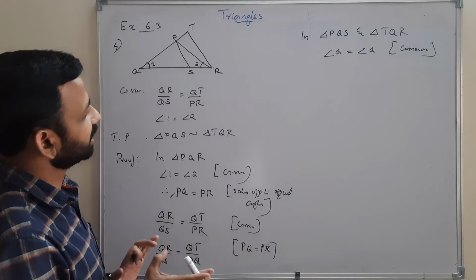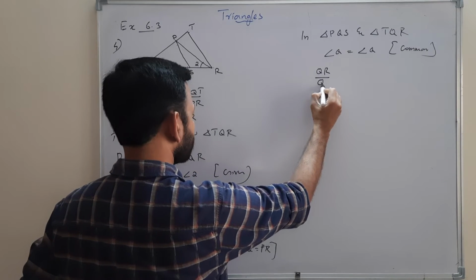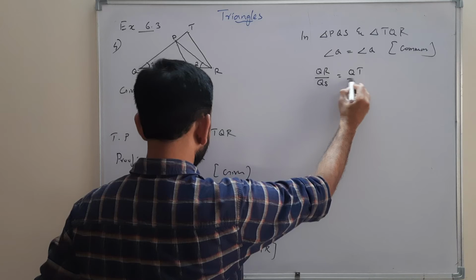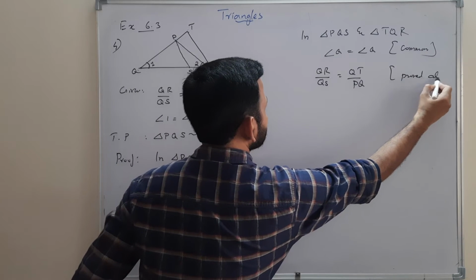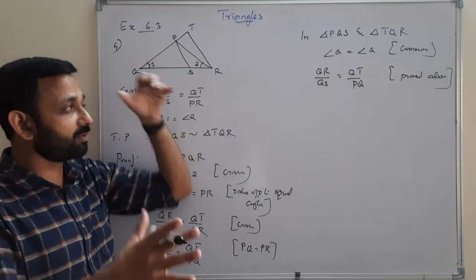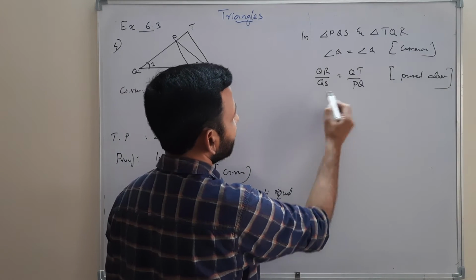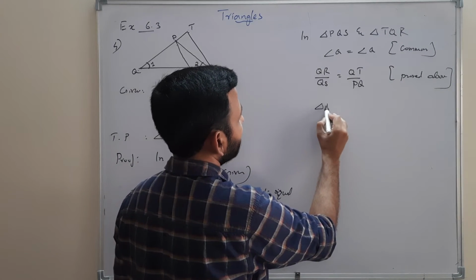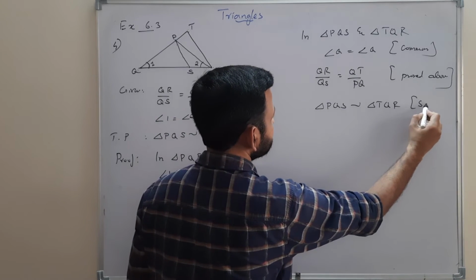That is QR upon QS is equal to QT upon PQ, proved above. So one angle equal and the included sides in proportion. Therefore the two triangles are similar by SAS theorem. Therefore triangle PQS similar to triangle TQR by SAS theorem.